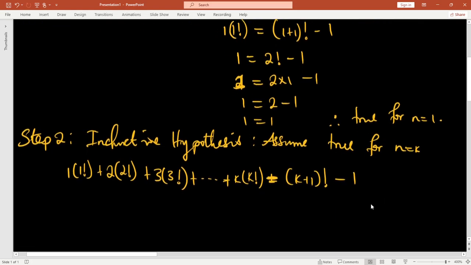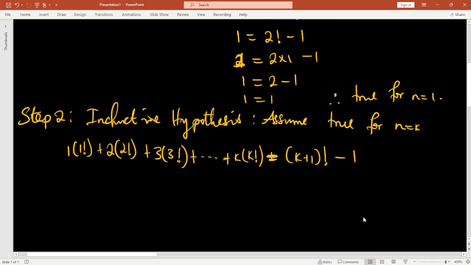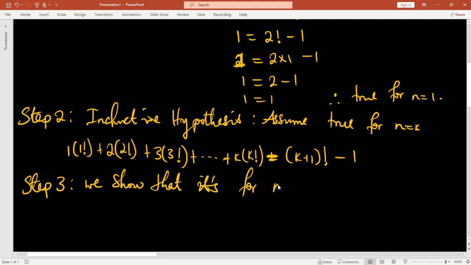Alright, so then we need to show that the statement is also true for the k plus 1 term here, which is step number 3. So we have to show that it's true for n equals to k plus 1.